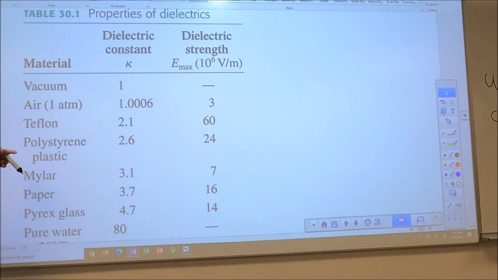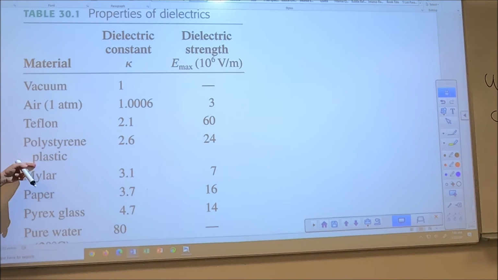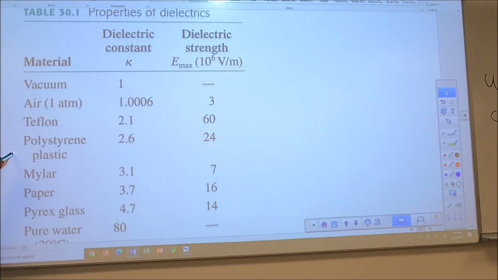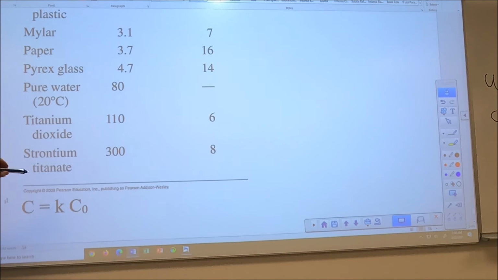Teflon, 2.1. Polystyrene, 2.6. Mylar, 3.1. Paper, 3.7. Plexiglass, 4.7. Pure water, 80. Titanium dioxide, strontium dioxide, and so on and so forth.